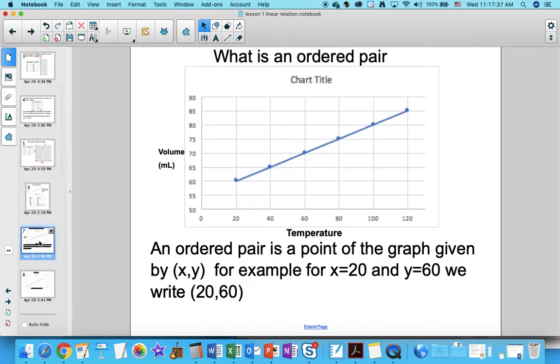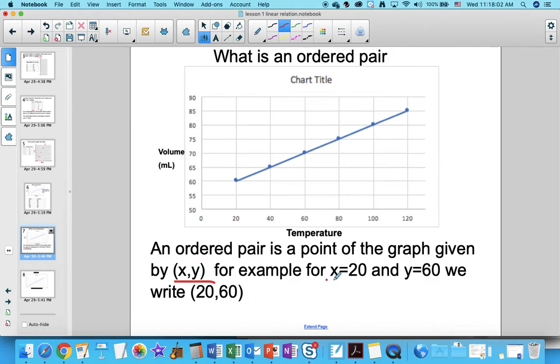Ordered pairs. This is a review of graphing, because a lot of times students make mistakes when they're asked to give the ordered pair. An ordered pair is a point on the graph given by x and y in brackets. So you have to write it like this: bracket, whatever the x value is, comma, whatever the y value is, closed.